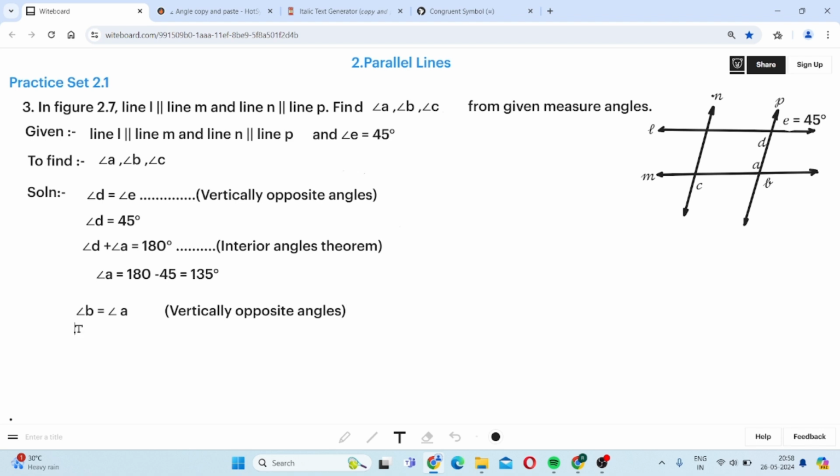Now as angle A is equal to 135 degrees, therefore angle B is also equal to 135 degrees, right?